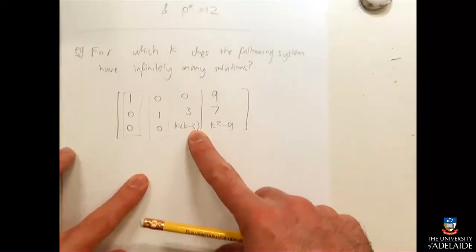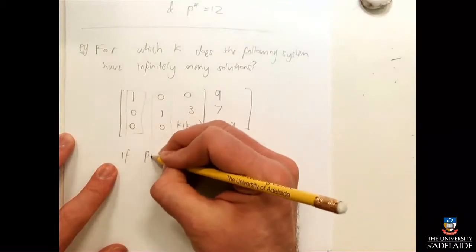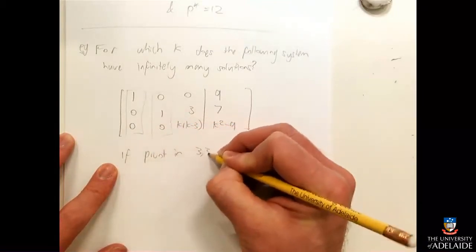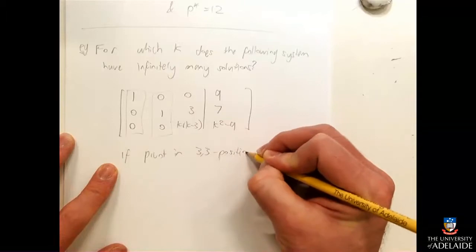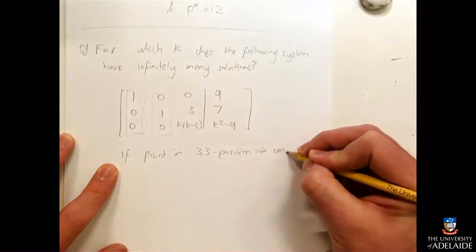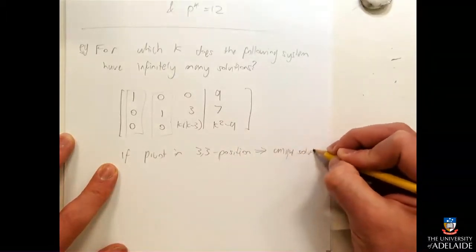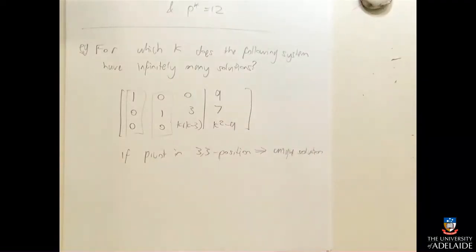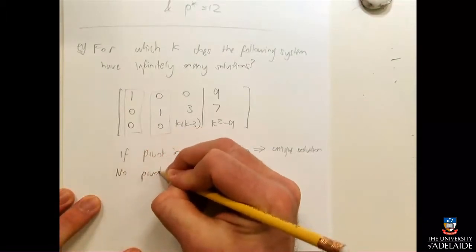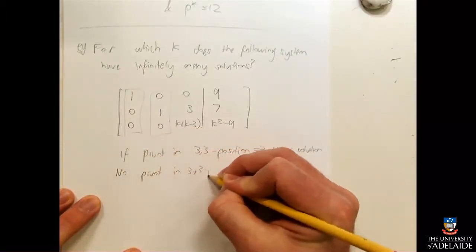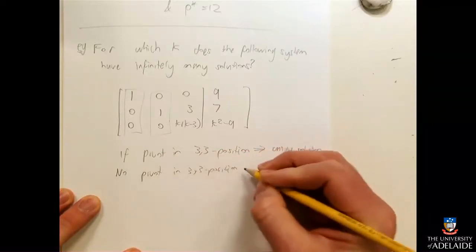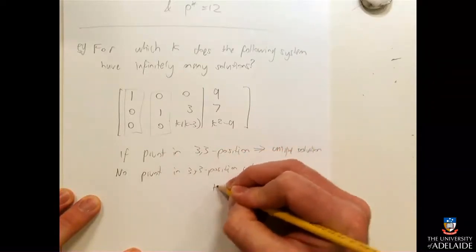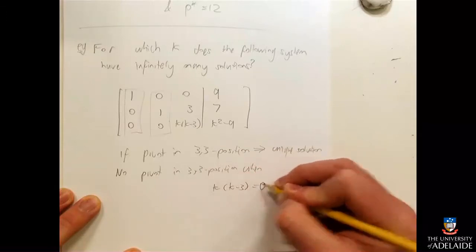So I'm going to try to write that down. If there's a pivot in the 3, 3 position, that would make it a unique solution. Okay? And the only way there could not be a pivot in that position is if that thing is 0. So no pivot in the 3, 3 position when k times k minus 3 is 0.